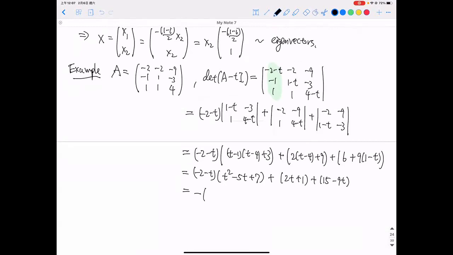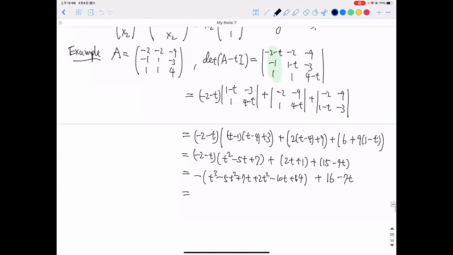We have to multiply. So factor out the minus 1, we get t plus 2 inside. So that's t cubed plus 5t squared plus 7t plus 2t squared minus 10t plus 14, overall minus, plus, so this is 16 minus 7t.